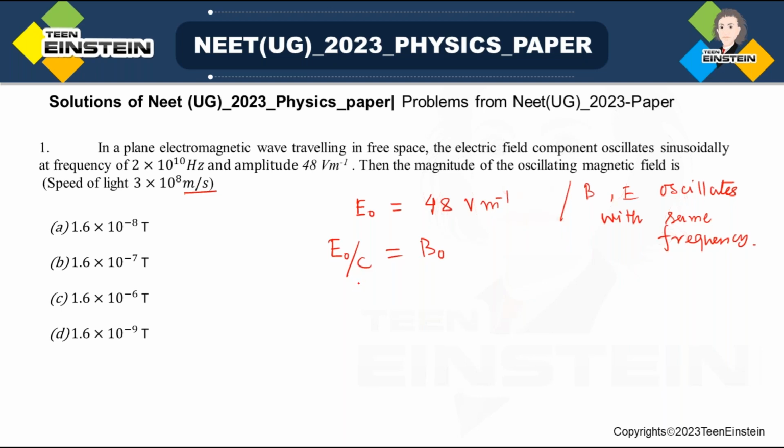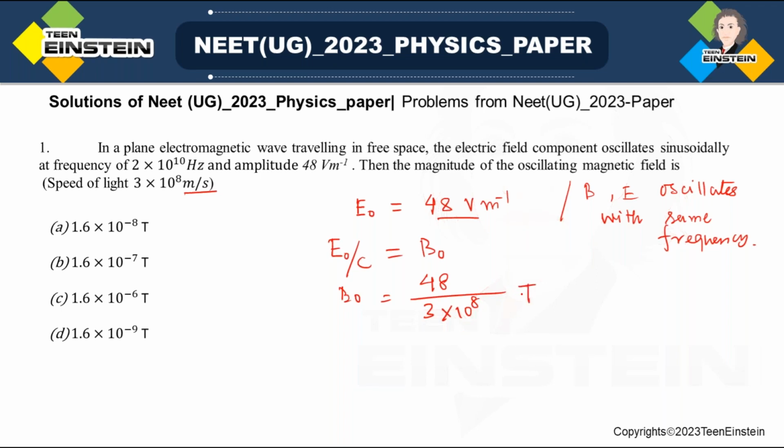So we can now see E0 is given, so B0 will be 48 volt per meter divided by 3 into 10 to the power 8 meter per second.